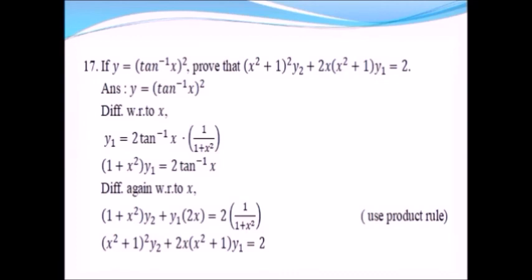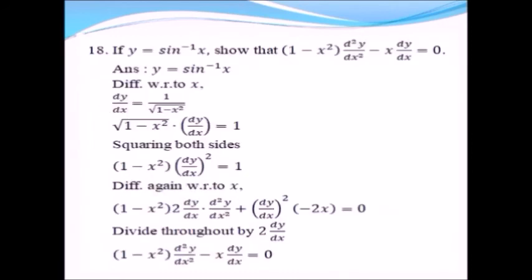Again I am doing cross multiplication, that is 1 plus x square into 1 plus x square is, that is x square plus 1 whole square into y2 plus 2x into x square plus 1 into y1 is equal to 2, which is the required equation, hence it is proved.